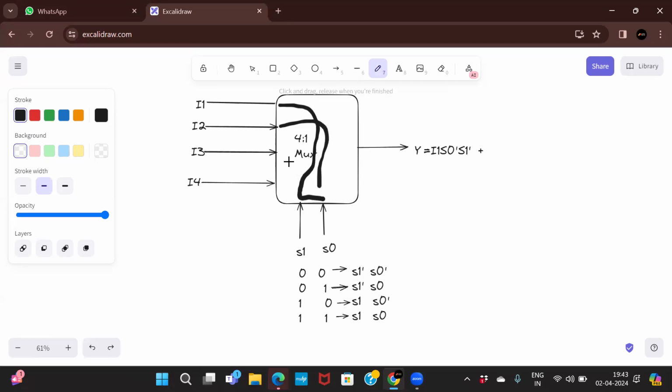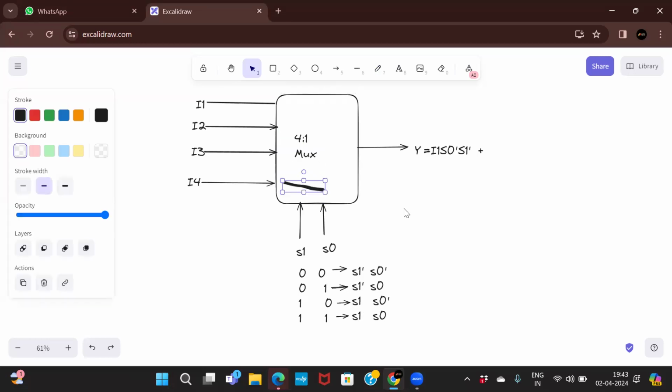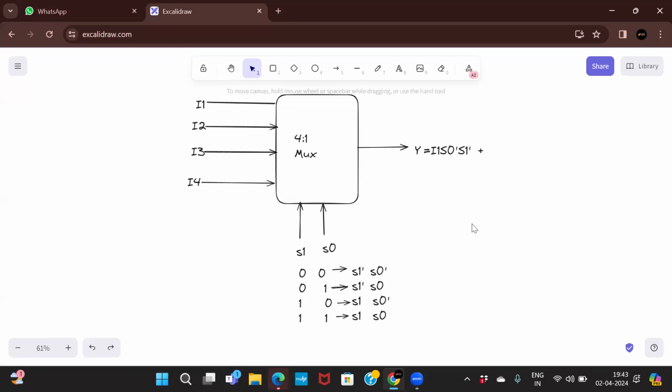Similarly, when 1 0 is there, it selects I3. When 1 1, I4. Are you getting it? How I'm explaining it? Do you understand, right, Charan? Yes, sir.